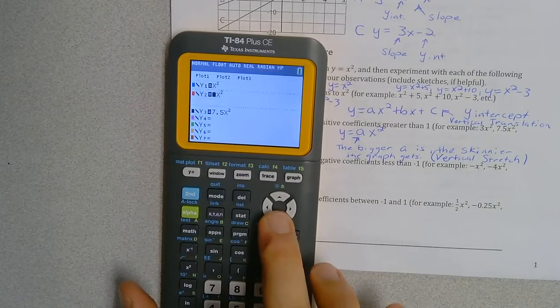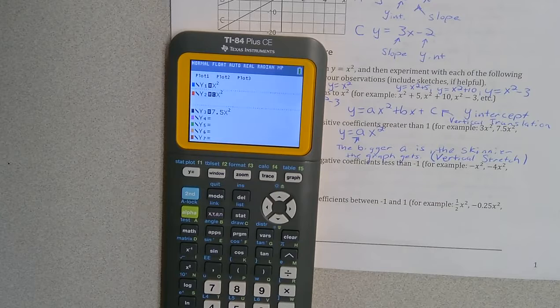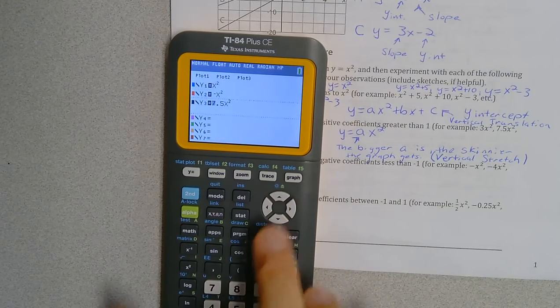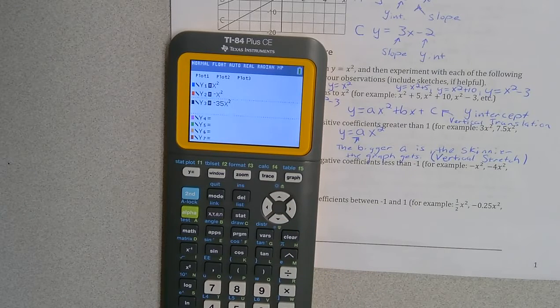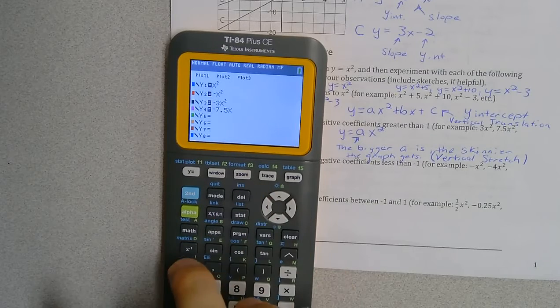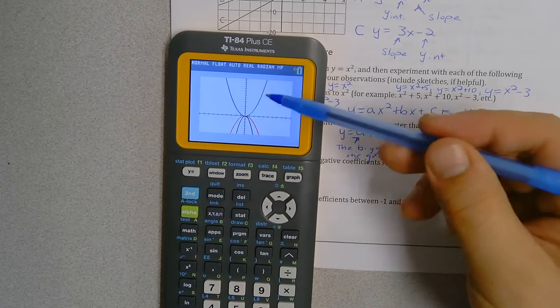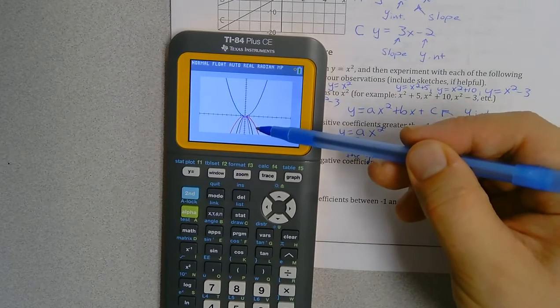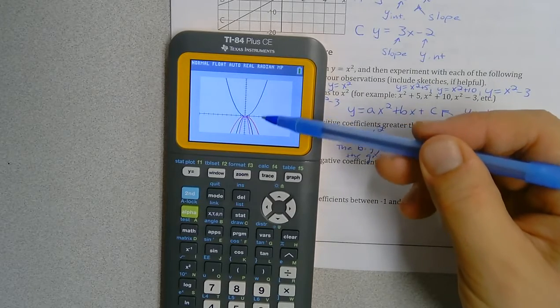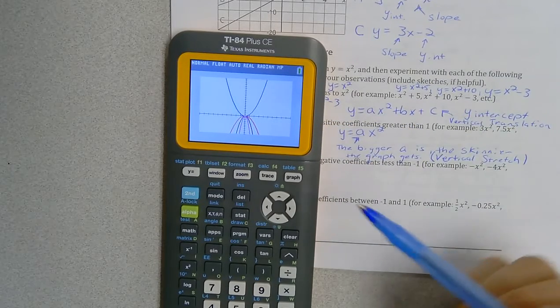So y equals negative x squared, y equals negative 3x squared, and then y equals negative 7.5x squared, and then graph. So I noticed something. This graph and that graph is actually a reflection, reflected over the x-axis.